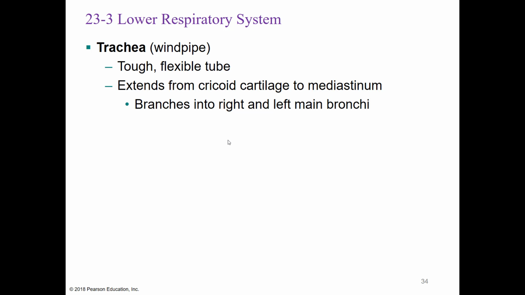The mediastinum is a central tissue mass that divides the thoracic or chest cavity into a right and left pleural cavity or lung cavity. So the trachea is going to go from the cricoid to the mediastinum and then branch into a right and left main bronchus.